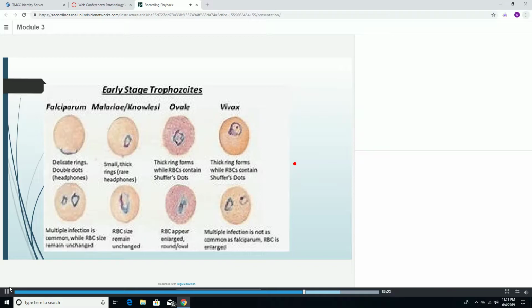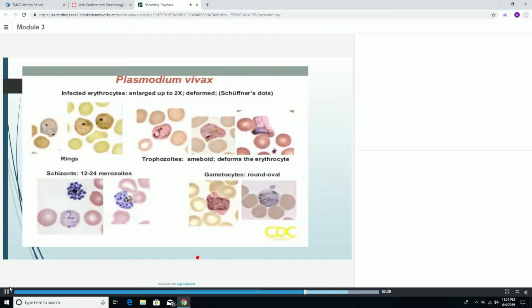stages of the trophozoite. So here I have the falciparum, malariae, ovale, and vivax species. But I want you to take note of the ring forms here with malaria and the differences in how they look. Here we have Plasmodium vivax, and it shows the different stages. You can see down here we have the schizont stage, and it has 12 to 24 merozoites.